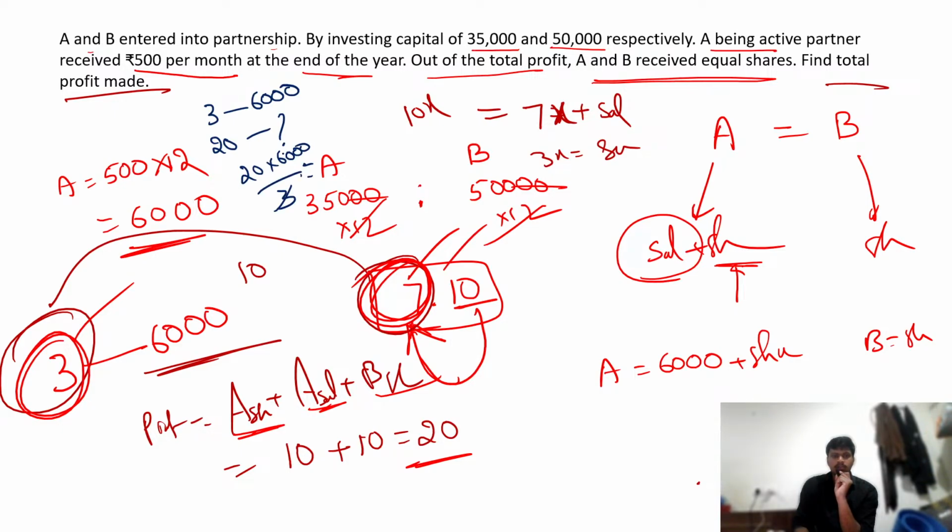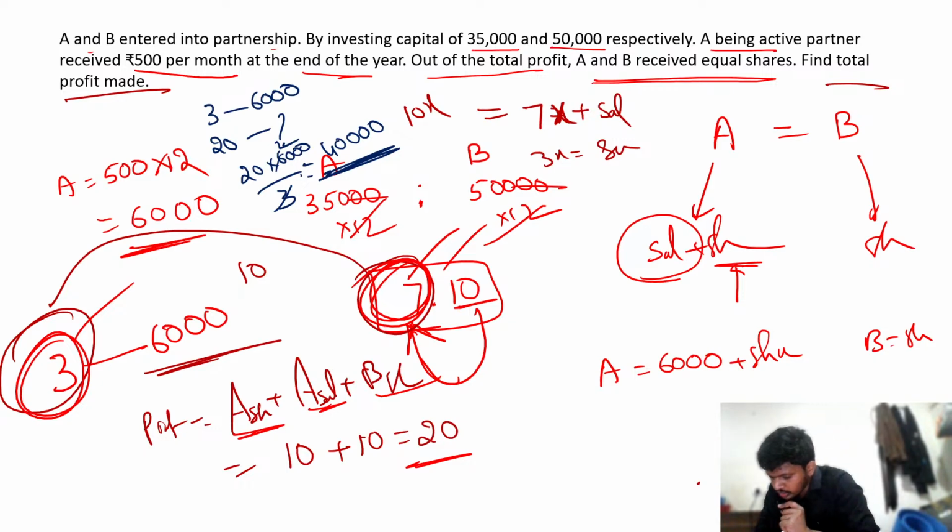You are going to get 40,000 as your total profit. Total profit means A's salary, that is 3 units, A's share 7 units, B's share 10 units; 3 plus 7 plus 10, total 20.